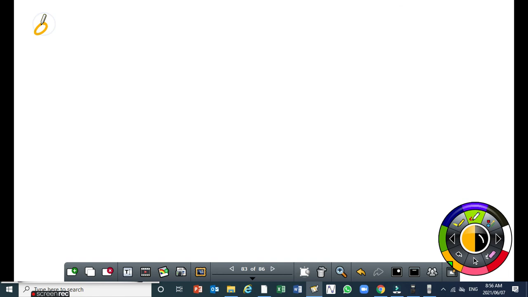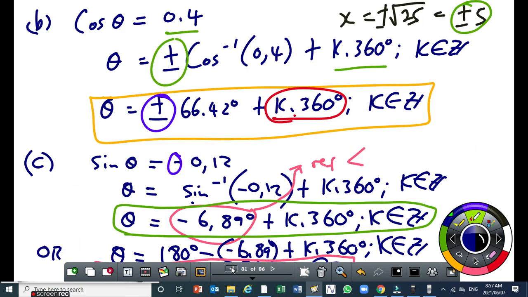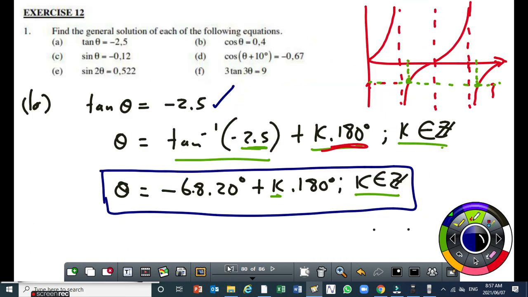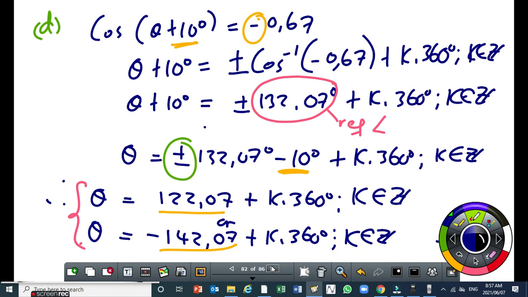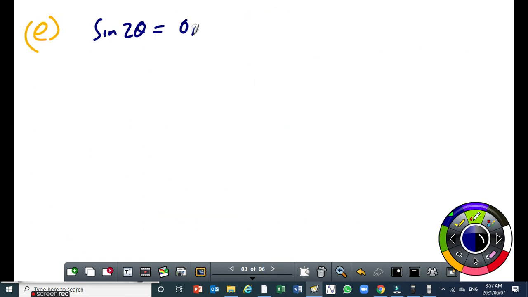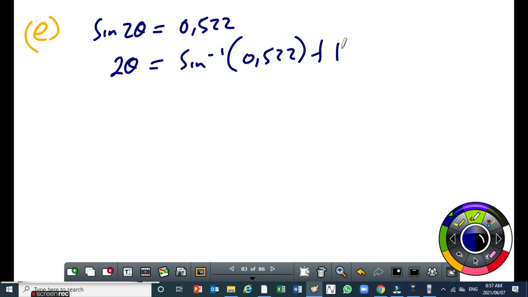If we have sine 2 theta equal to 0.522, this one becomes 2 theta is equal to shift sine of 0.522 plus k times 360, where k is an integer.